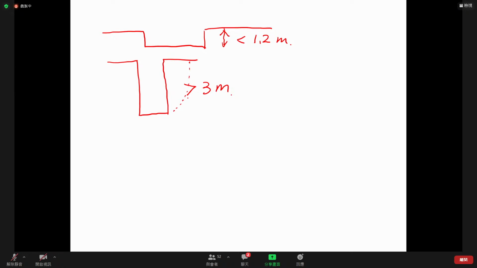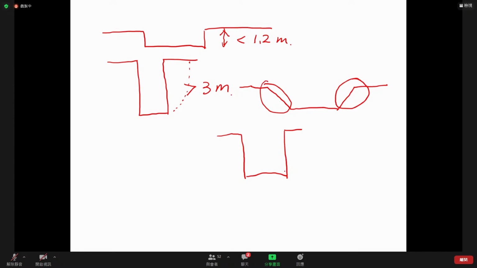So in this case, we can either have a sloping excavation. So what is sloping excavation? It's like this. On each side of the excavation, we will have a slope. As you have learned in lecture 3, you know how to determine the factor of safety for the slope. And then the second method is to construct a retaining wall.